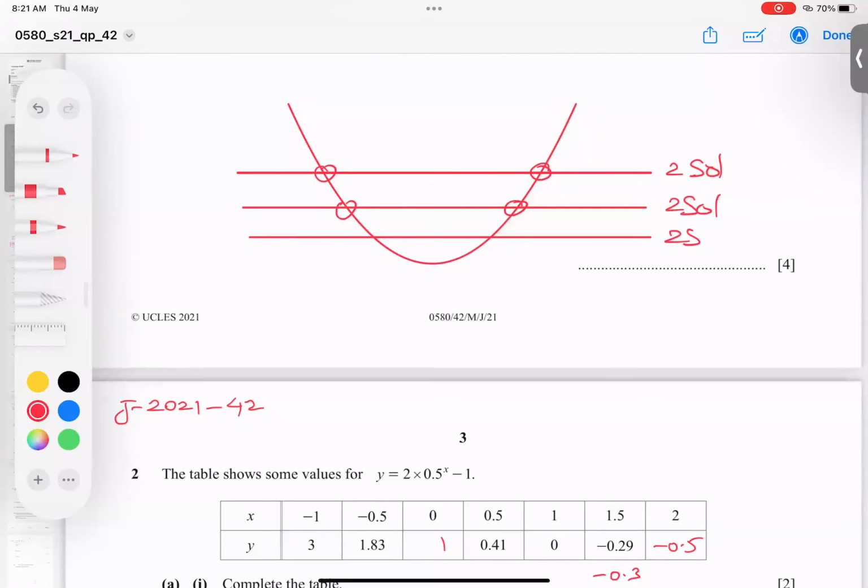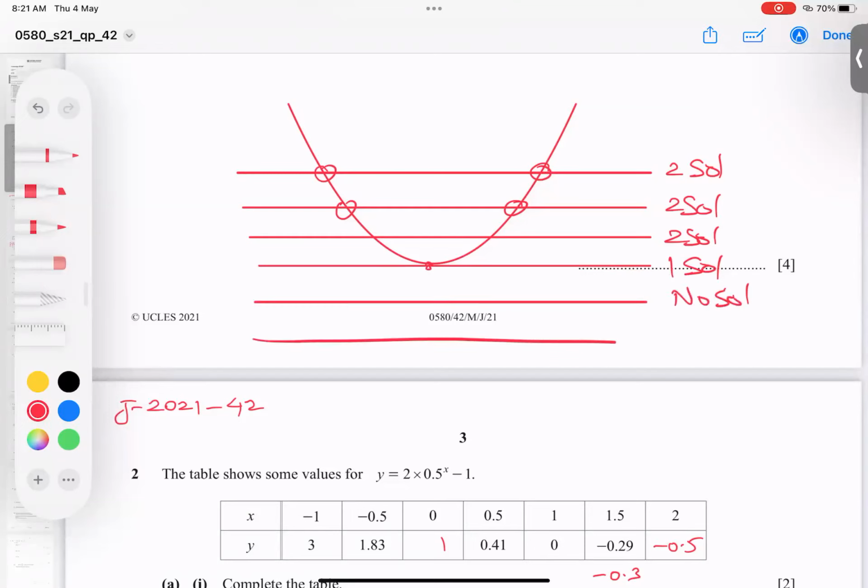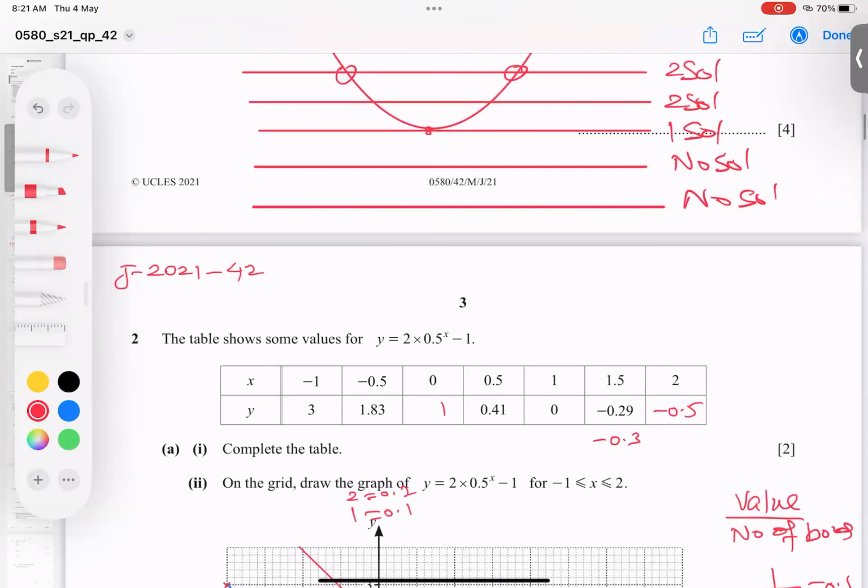Here, again, 2 solutions. But here, it has 1 solution. Here, no solution. It depends upon how many points it is intersecting the curve.